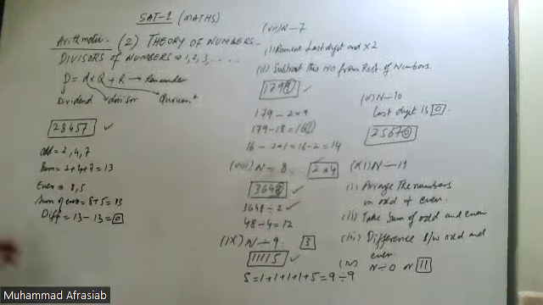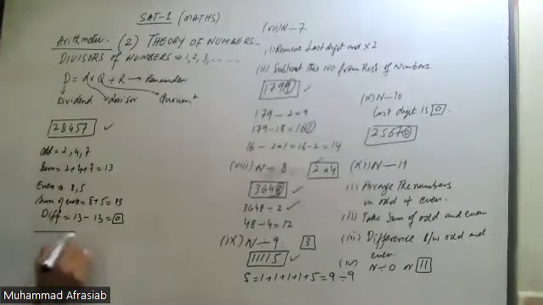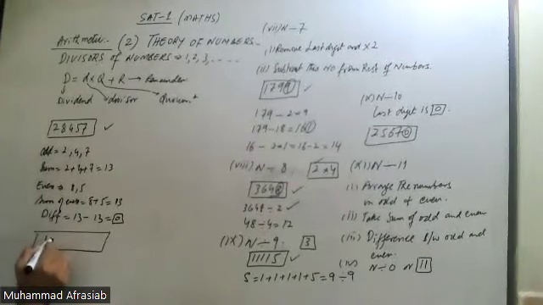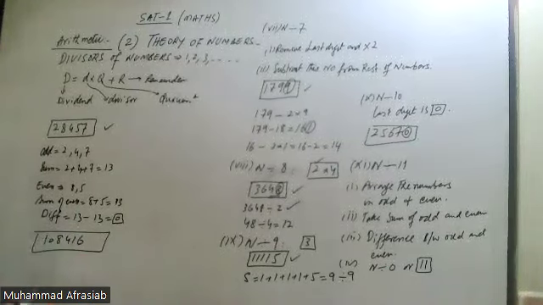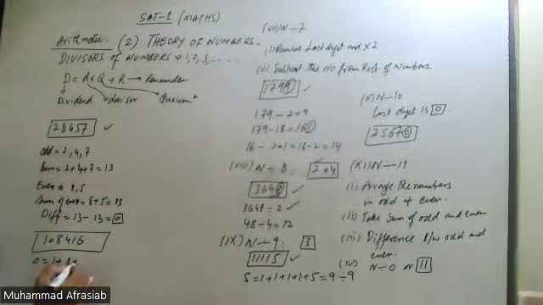We can take another example of this. 108416. Here odd is equal to 1 plus 8 plus 1, that is equal to 10.